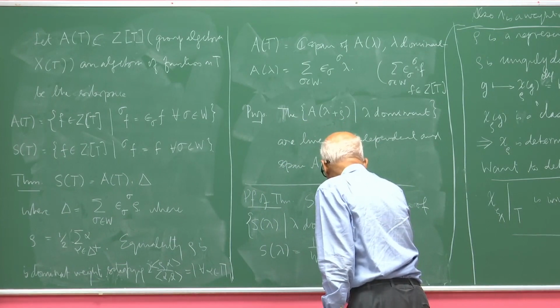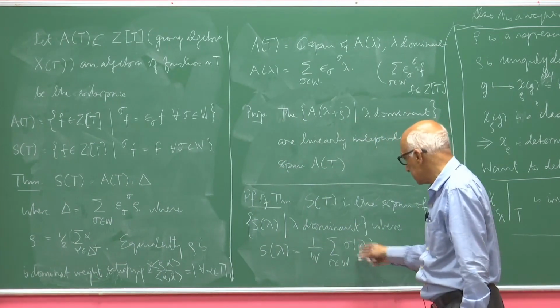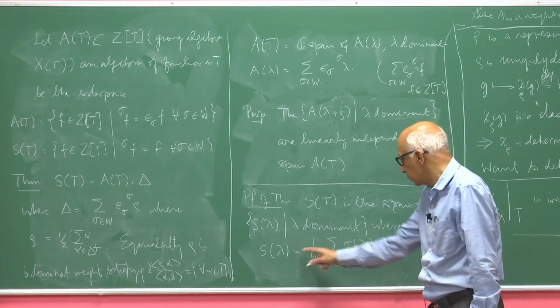These are symmetric elements under the Weyl group. So, the summation of, if you take any lambda and sum it up, you are going to get this.